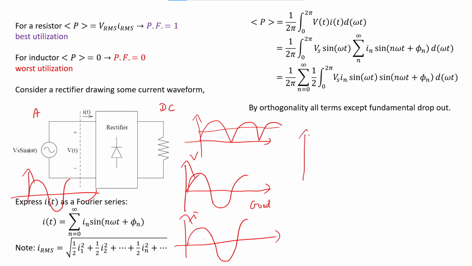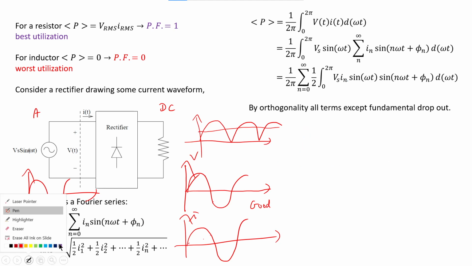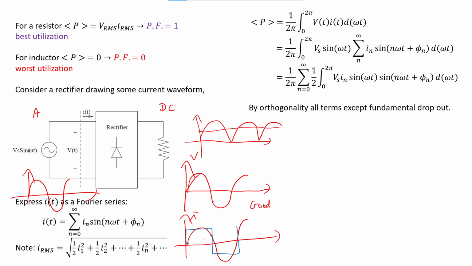And if you have current like this, not so good. And if you have current like this, even worse. Why? Because the shape of the blue, the blue for the current, is too different from the shape of the voltage.